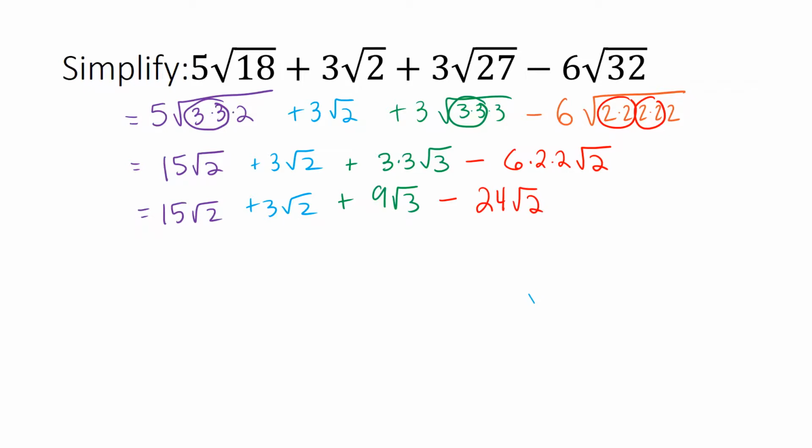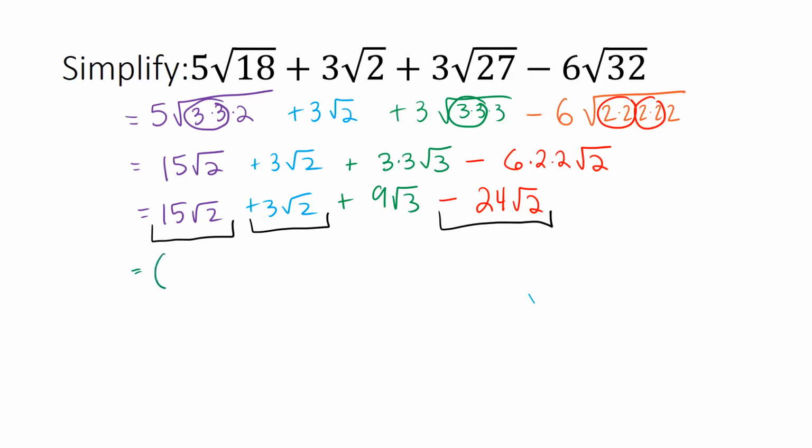Now that each radical is simplified, we look for the radicals that are alike. 15 radical 2, 3 radical 2, and negative 24 radical 2 all contain a radical 2. We can add like radicals together by adding the coefficients. 9 radical 3 is not alike, so it will be added at the end.